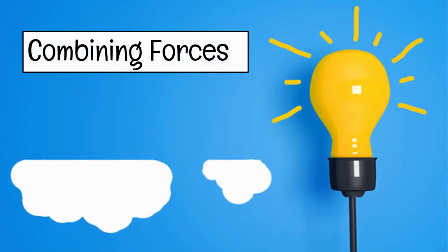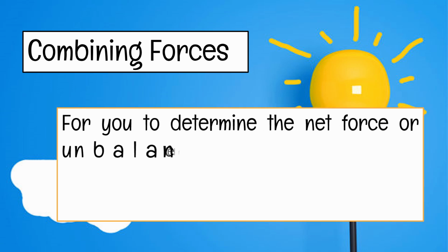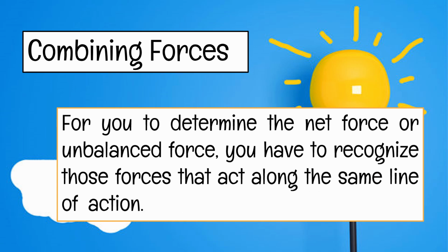Combining force. So when we say combining force, we are just going to combine the forces that are happening in an object. For you to determine the net force or unbalanced force, you have to recognize those forces that act along the same line of action.